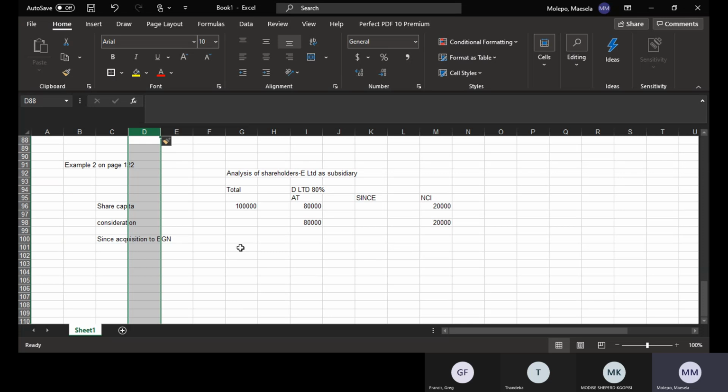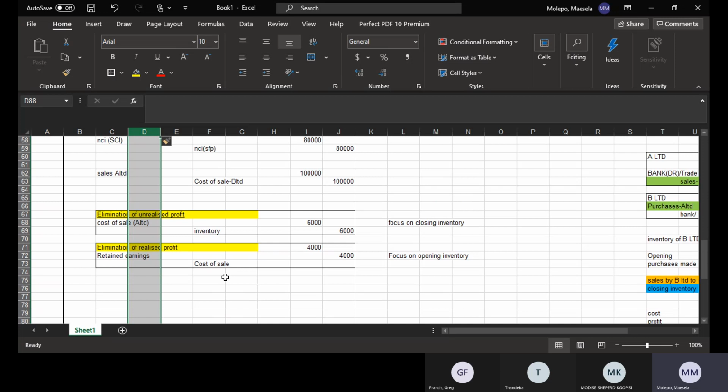If you check, there was an inventory on the books of 40,000. On the prior year, when they were closing the books for 2007, they had unrealized profit. They did the same journal as the elimination of the unrealized profit here.